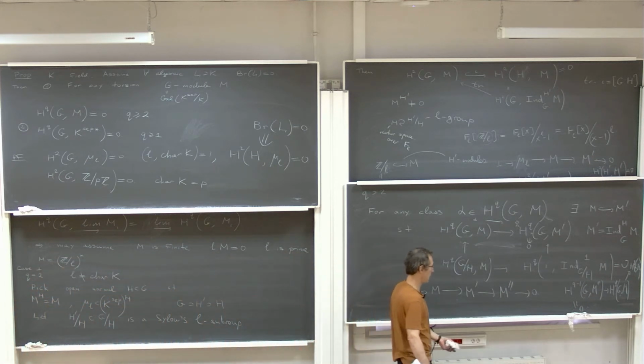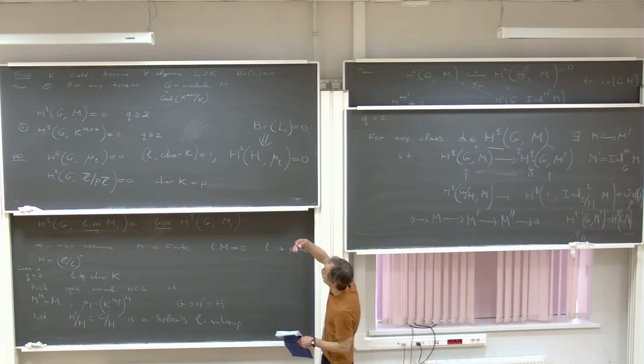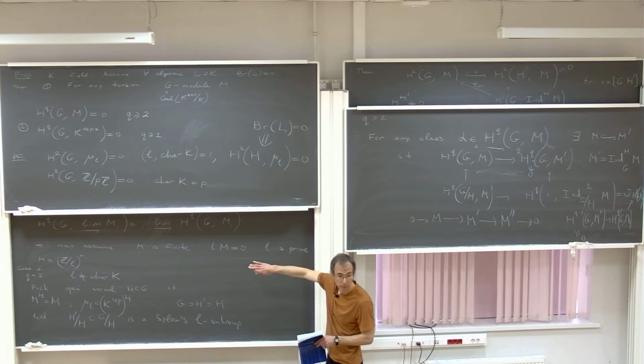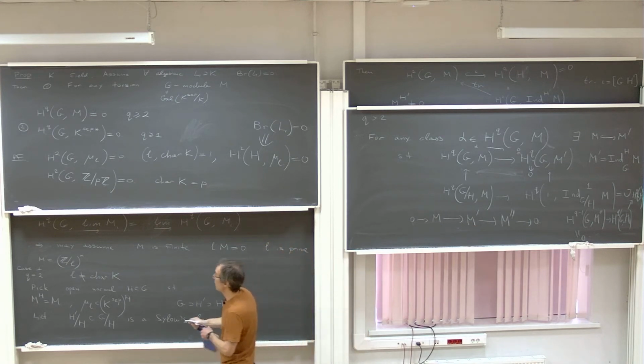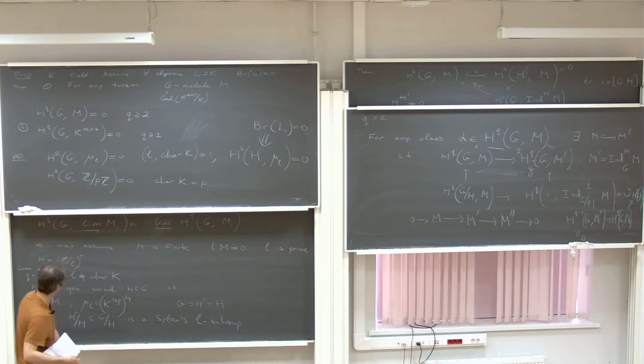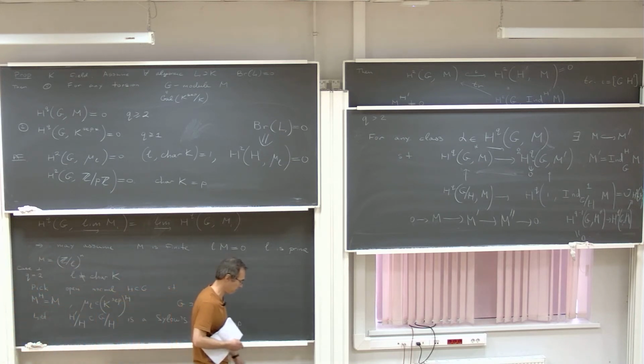And as I said, this part does not require any assumptions on K. So for a field of characteristic P, and any P-torsion module, homology of the Galois group with coefficients in M vanishes starting at degree 2.